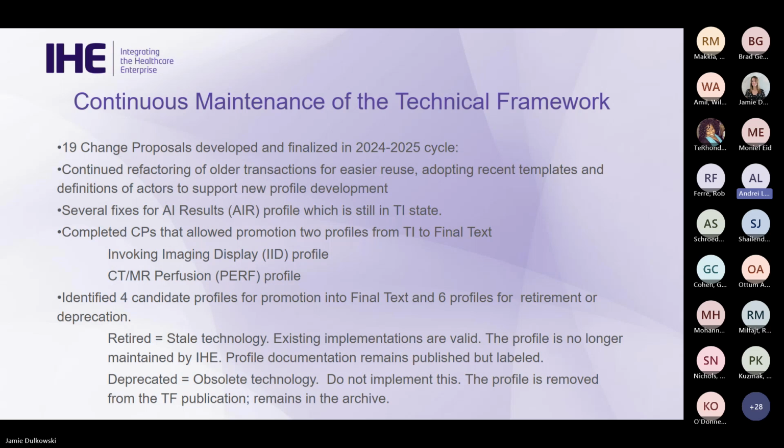We also were able to identify 4 candidate profiles for promotion into the final text and 6 profiles for retirement or deprecation. We're looking at the profiles which have been in the trial implementation for a very long time, and we're analyzing them from the perspective of what these profiles have behind them.